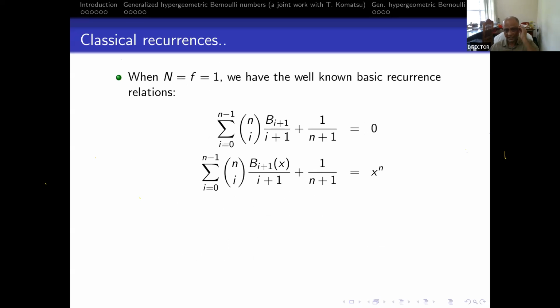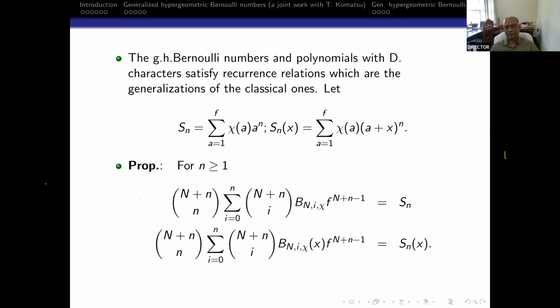And if you take n equals f equals 1, you recall that this is the classical recurrence relation that we know for classical Bernoulli numbers and Bernoulli polynomials. So this is simply a generalization of that one in terms of characters, the generalized one that we have defined.